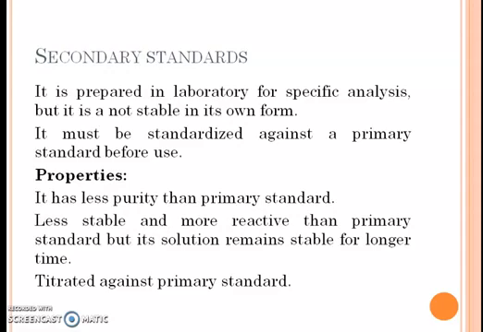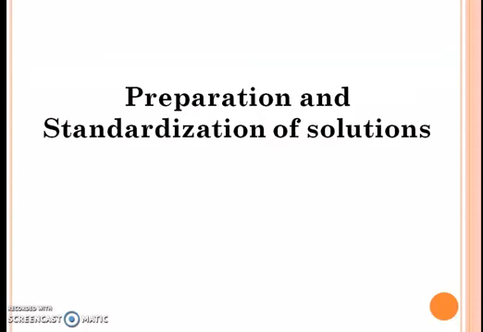If we use the secondary standard without standardization for estimation of some sample, then it may lead to error in our result. So this was about primary and secondary standards.